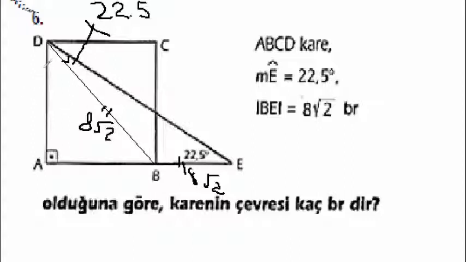And these angles become 45 degrees because diagonals divide the angles equally, and one angle of a square is 90 degrees. When this side is 8 root 2, these sides become 8, and the perimeter of the square is 32.